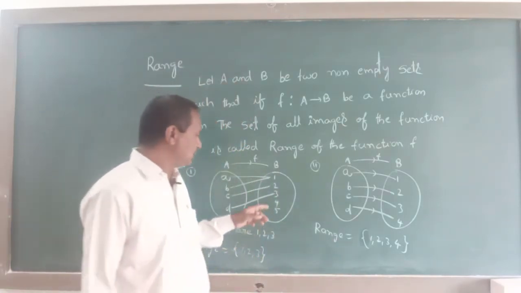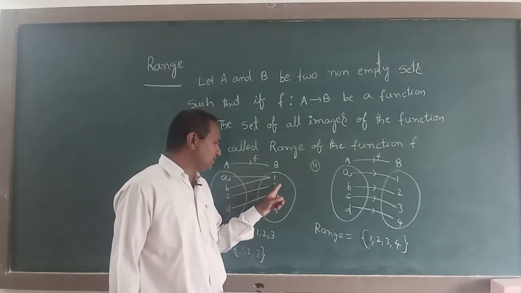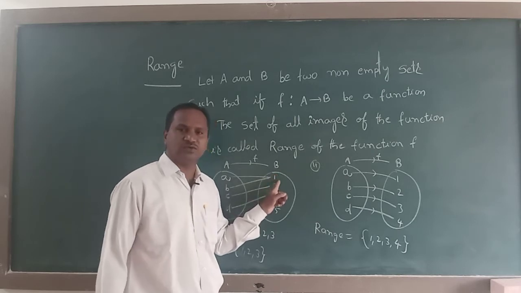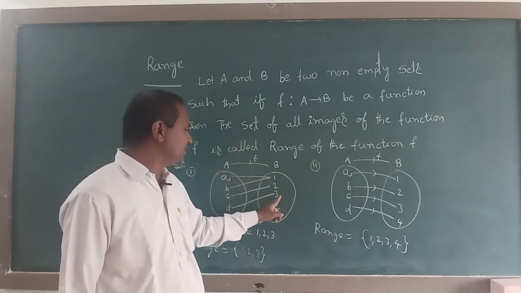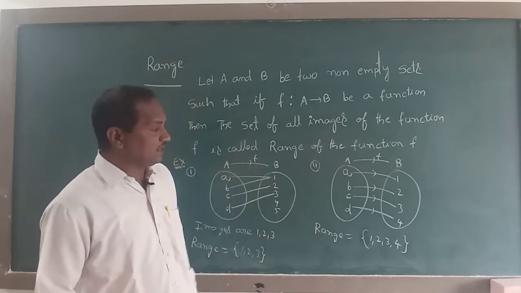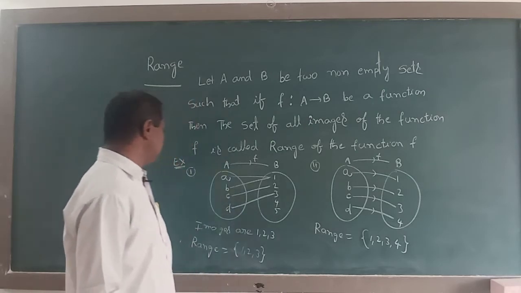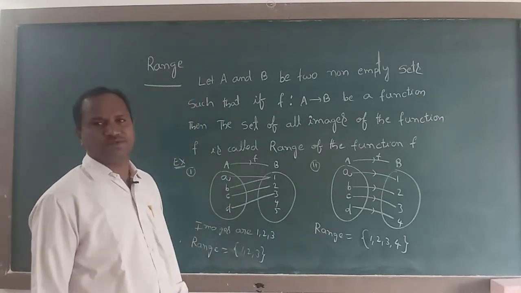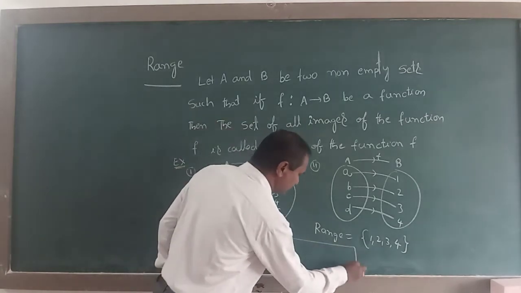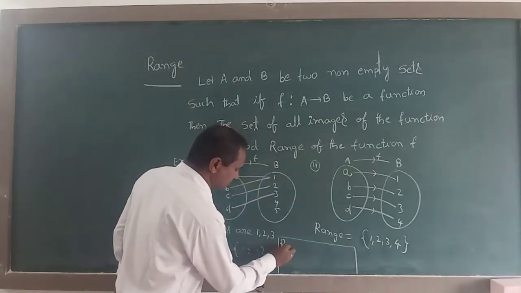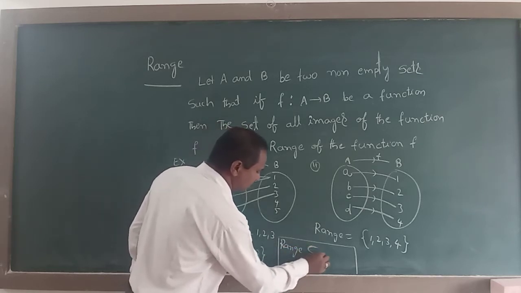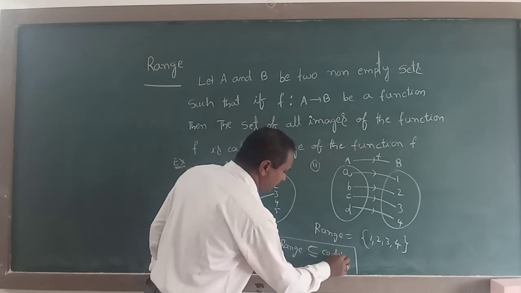Here the range 1, 2, 3 is a subset of the codomain 1, 2, 3, 4, 5. So from these two diagrams we can write this statement: range is always a subset of or equal to the codomain. It's a very important point.